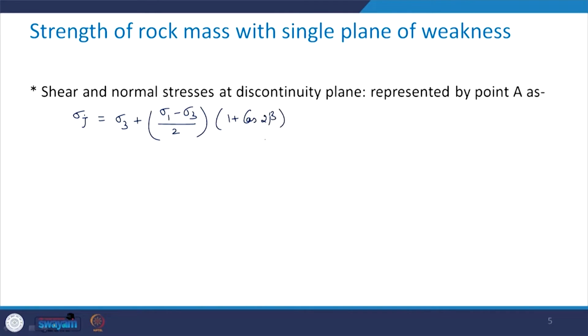We have already discussed and derived this with respect to the Coulomb-Navier failure criterion, but in the same way you can use these trigonometric principles and derive these, so I am not repeating it here. And then tau j is equal to (sigma 1 minus sigma 3) upon 2 into sine of 2 beta. So, this is how the state of stress represented by point A can be given in terms of sigma 1, sigma 3 and beta.